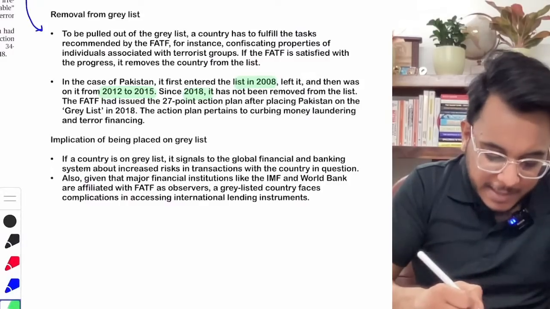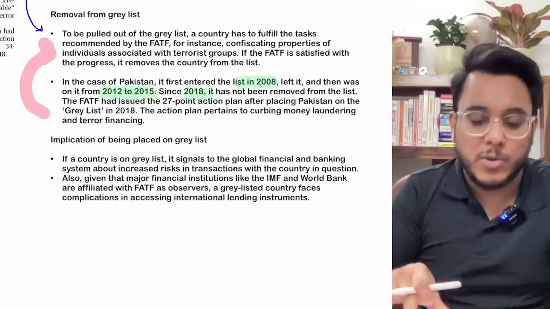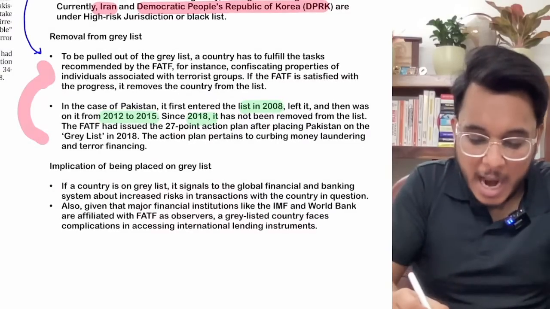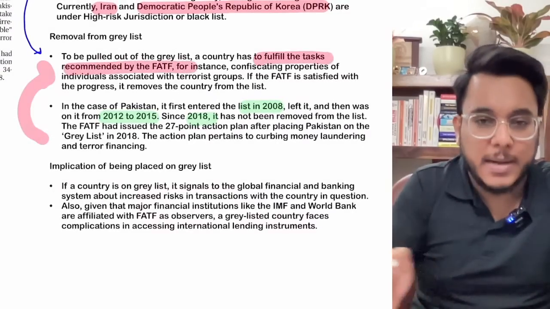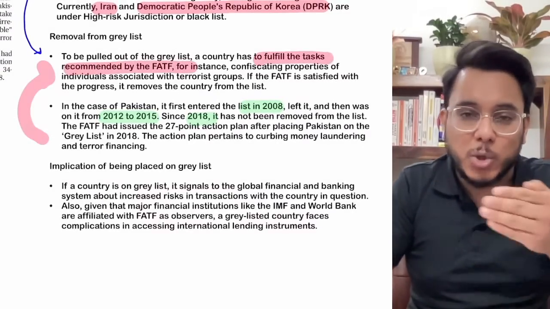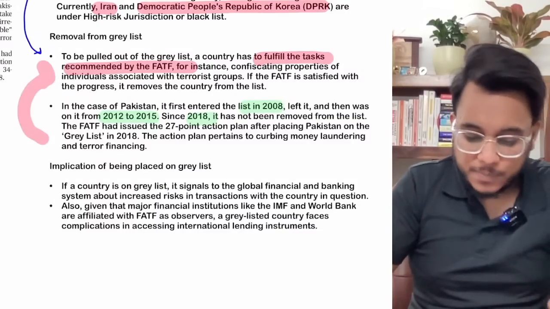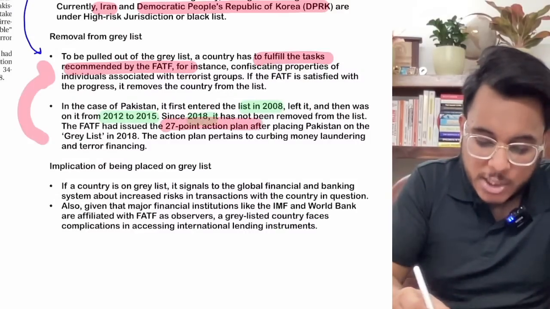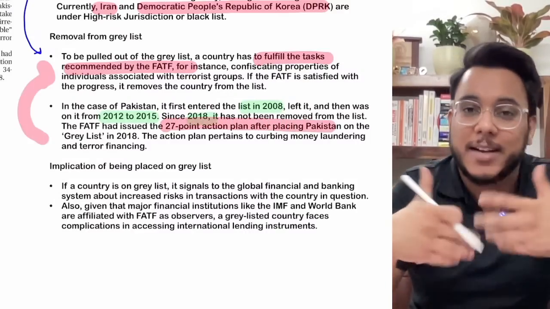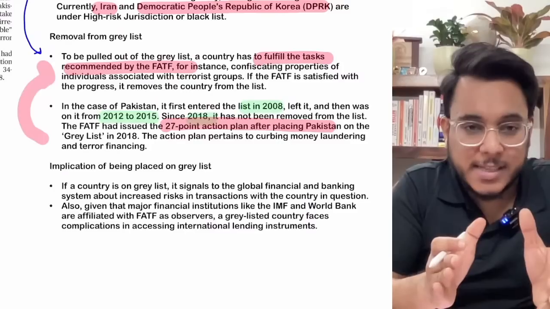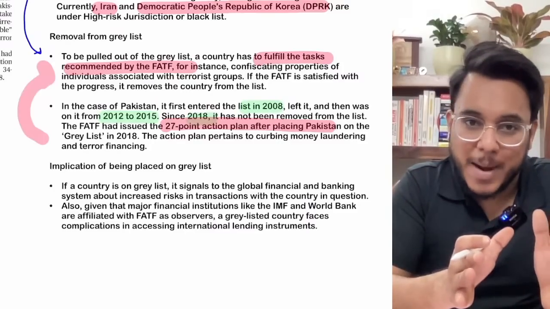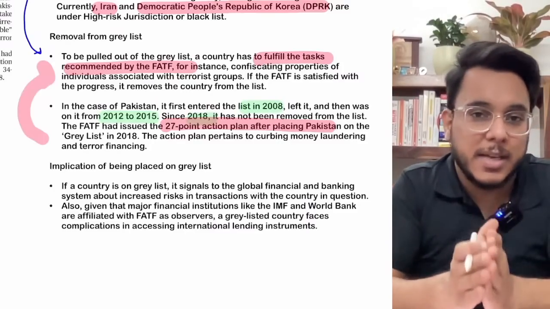Now, guys, if any country wants to be removed from this grey list, they have to fulfill all the tasks that are recommended by the FATF. So in 2018, there was a 27-point action plan that was given to Pakistan. After that, it was expanded. There were certain directives that Pakistan had to follow.